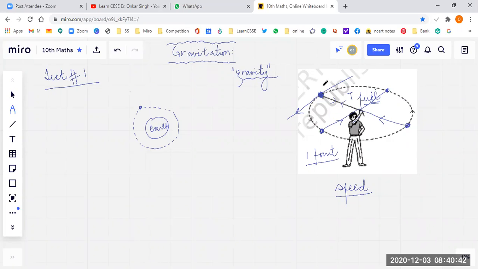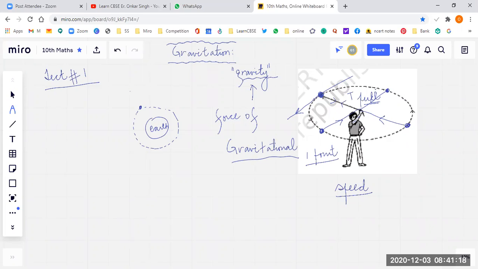That force which is provided by the hand of the boy to always pull the stone inwards towards its hand with the help of the string is actually the force of gravity on a larger scale. It is the force of gravity, or in other words, we say gravitational force provided by the Earth on the Moon.